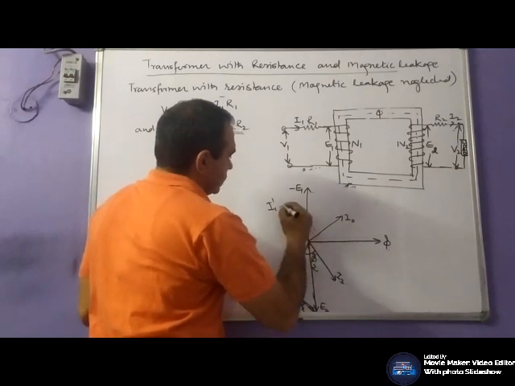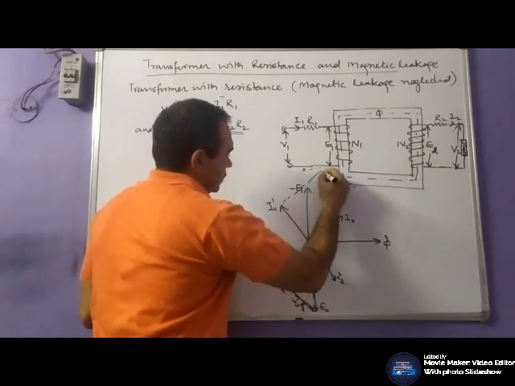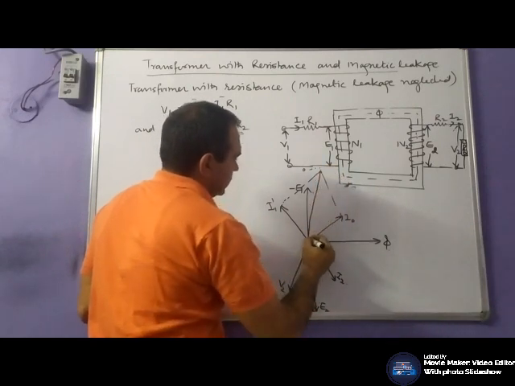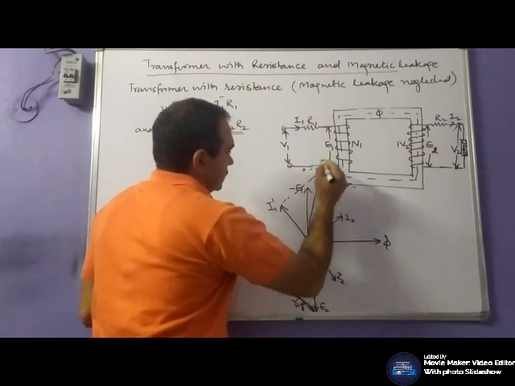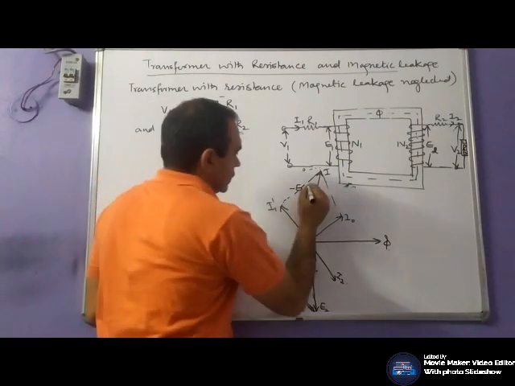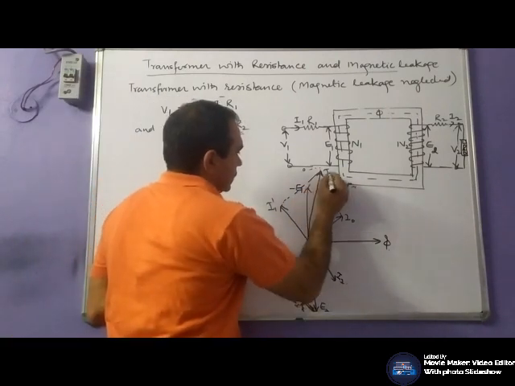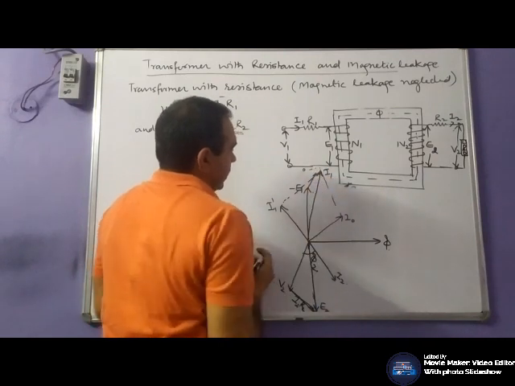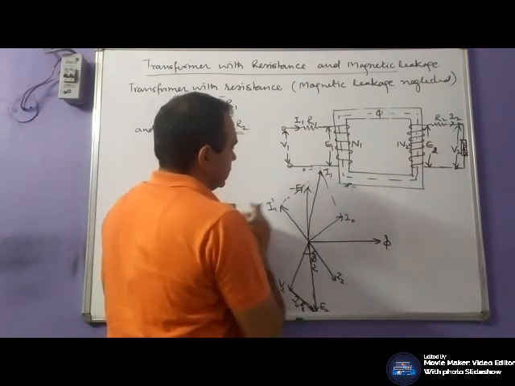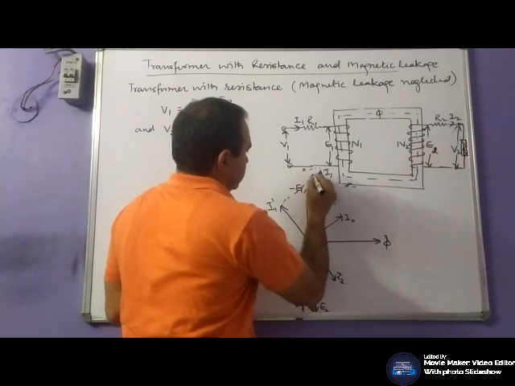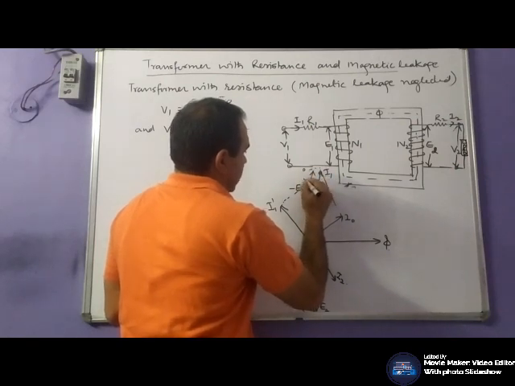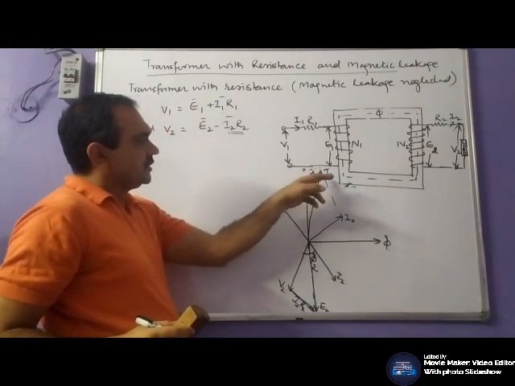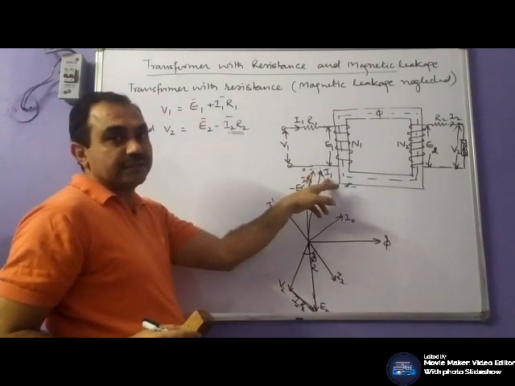Now this is the current I1, and this is parallel to this. Parallel to this would be this I1 R1, and this I1 will be in same phase.